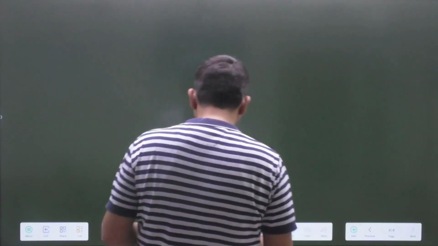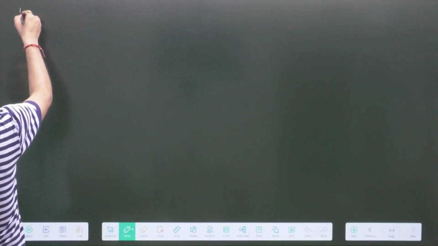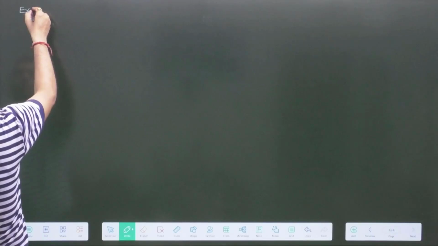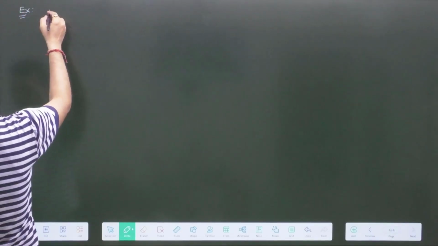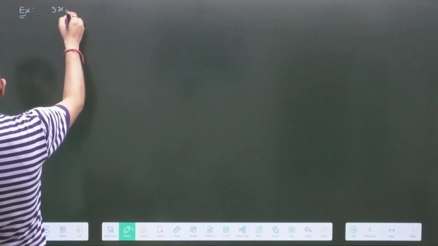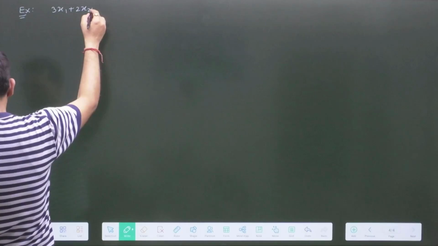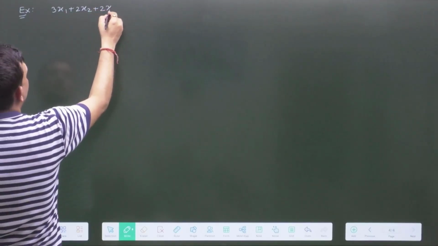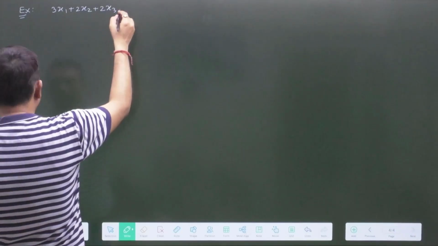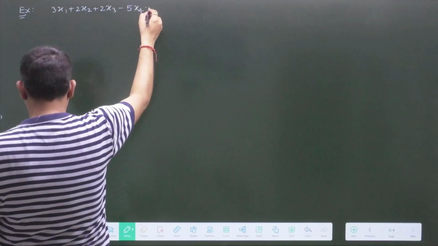Okay. Now we will see the next example. You have 3x1 plus 2x2 plus 2x3 minus 5x4, and that is 8.